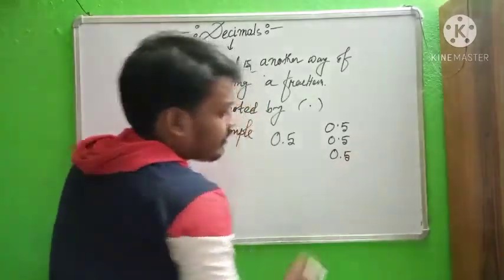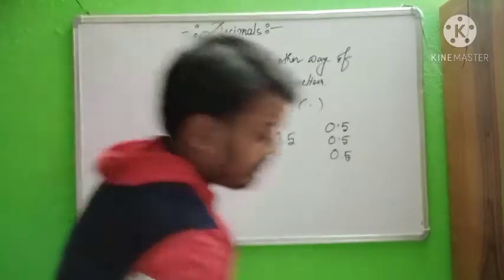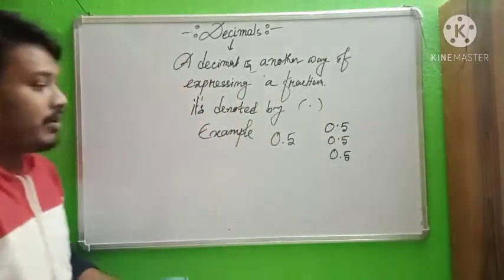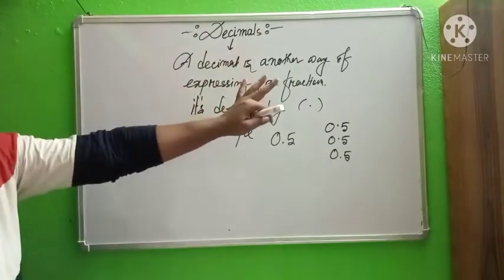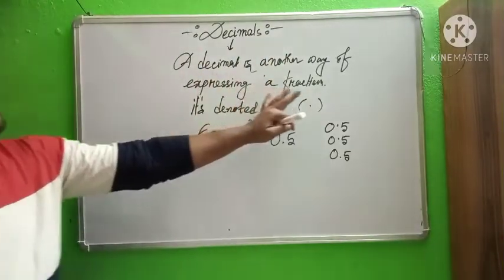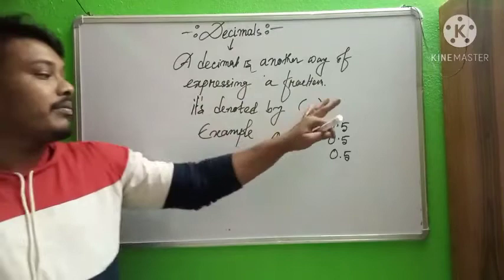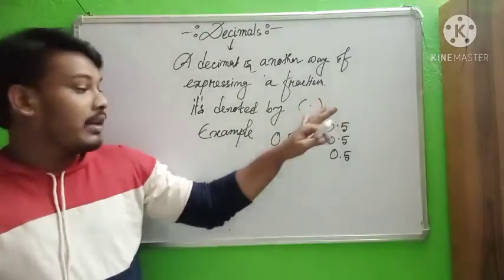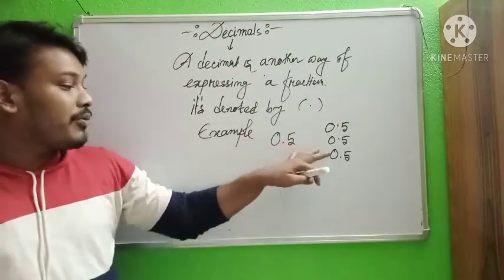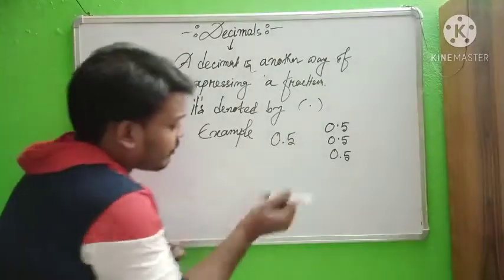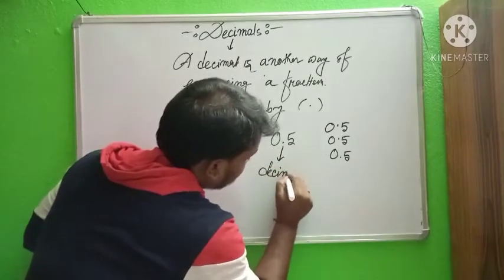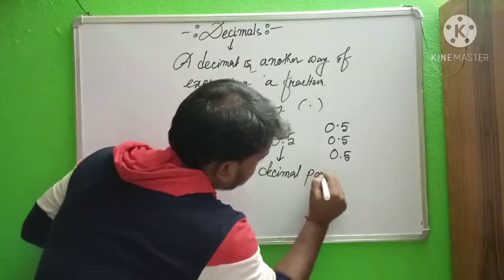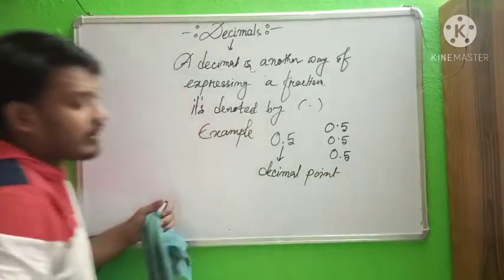Later I will discuss more about it. So a decimal is another way of expressing a fraction. It is denoted by this point, for example 0.5, and this point is called the decimal point.